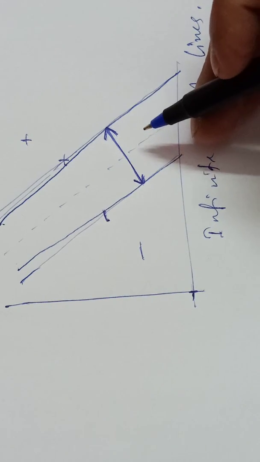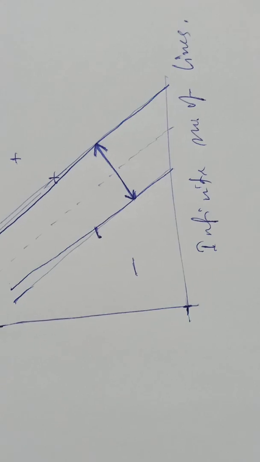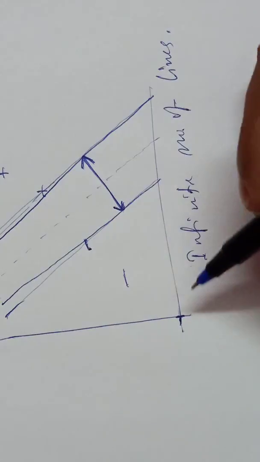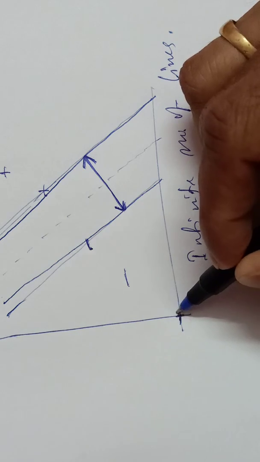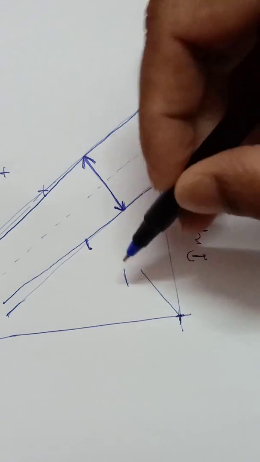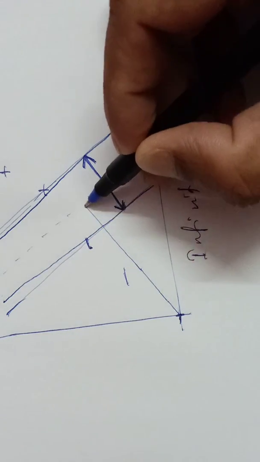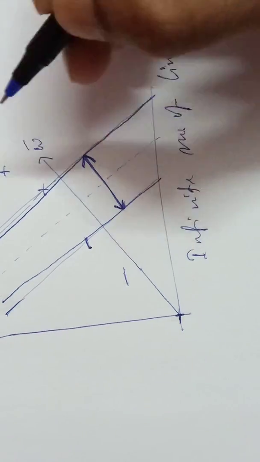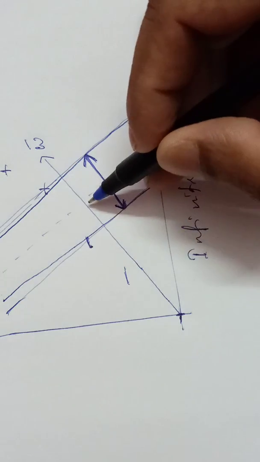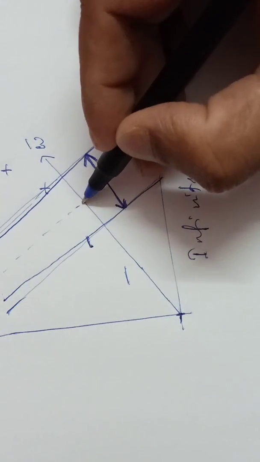Right. Before going to that, let W be a vector which is perpendicular to the median of this street.